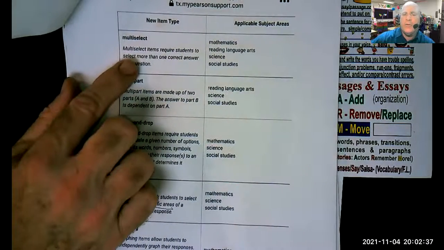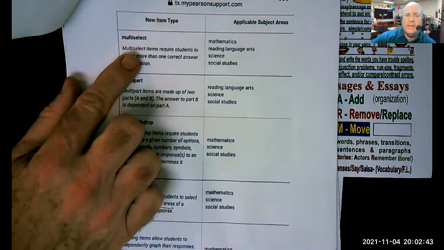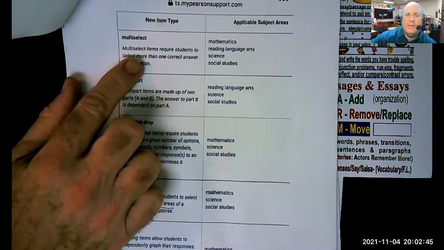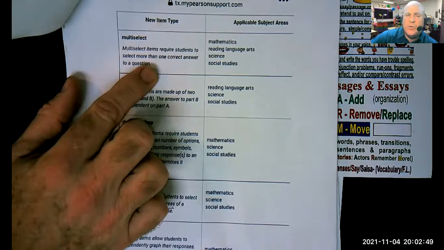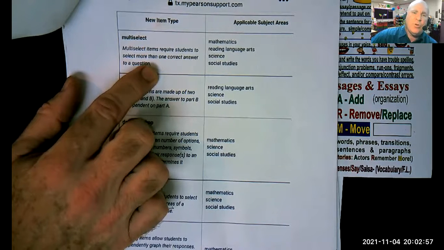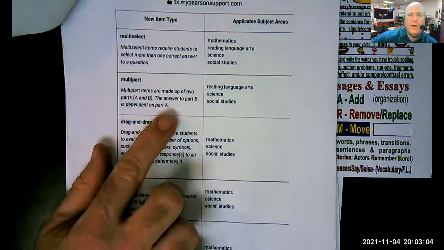In math, reading language arts, science, and social studies, in all 4 areas, there's going to be multi-select, which means that there's more than one correct answer to a question. So in the old days, where it was only A, B, C, or D, or F, G, H, or J, it could be A and B, or A and C. Multi-part.